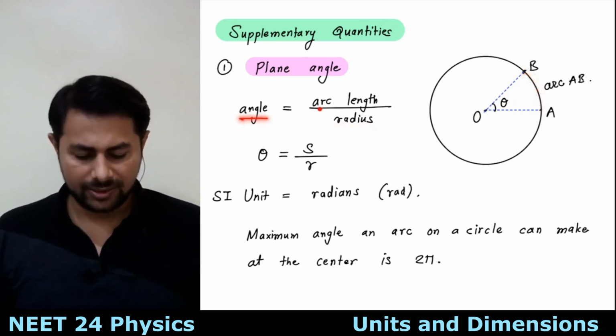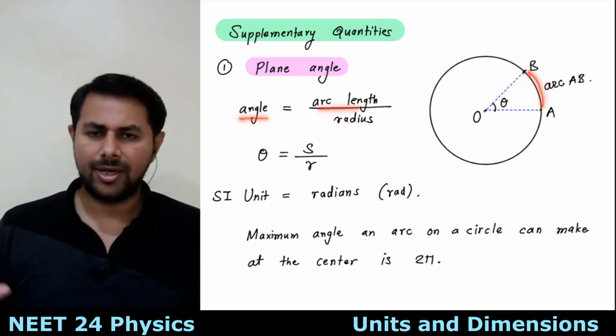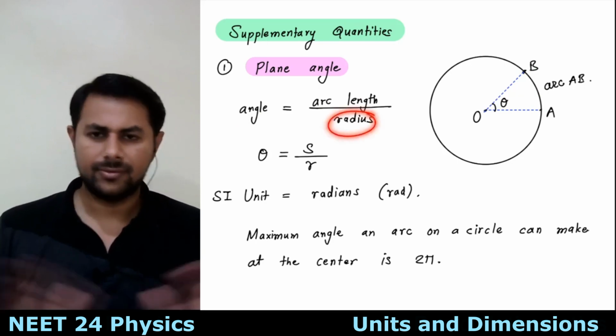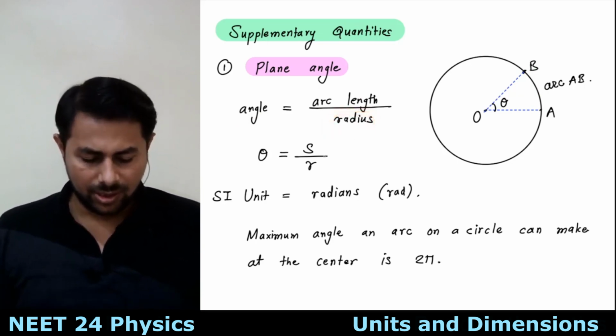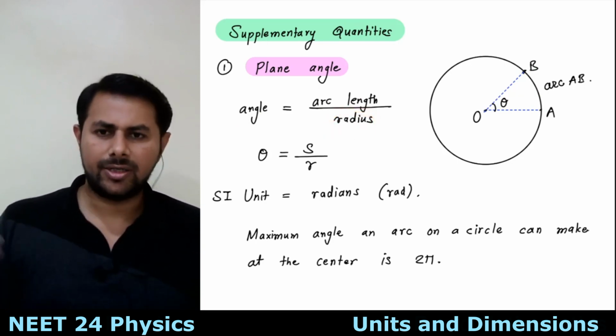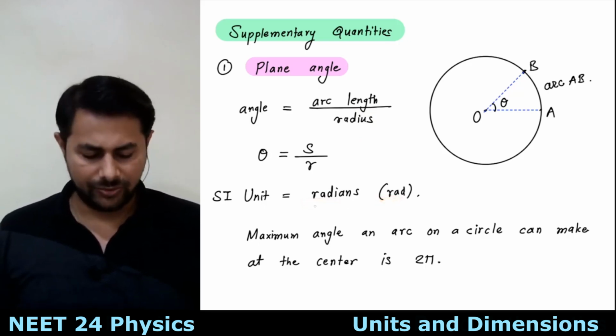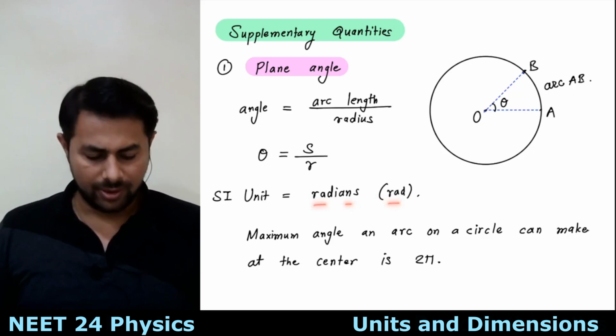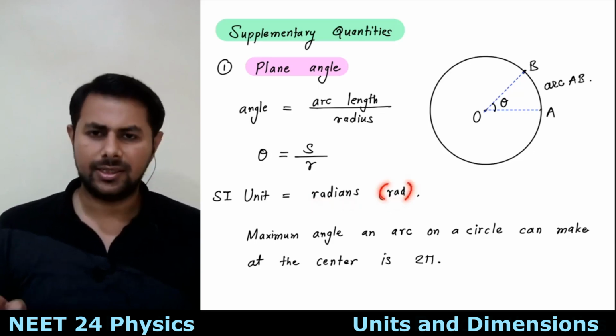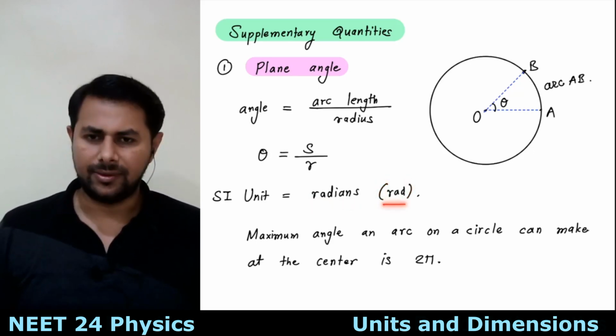Angle is measured as arc length divided by the radius, right? And this is in terms of multiples of radius. That's why the unit is radians. In short form, its symbol is rad. Is this clear, everyone?